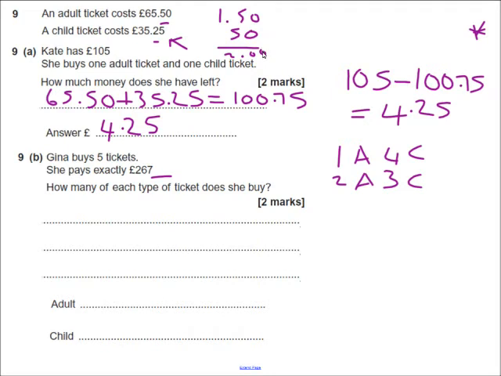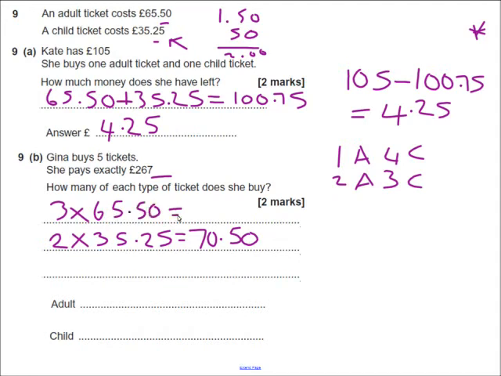So just looking at the numbers, you can take a guess that she bought 2 child tickets at £35.25, which gives us £70.50. This would leave 3 adult tickets at £65.50, which, when we put it in our calculators, gives us £196.50.